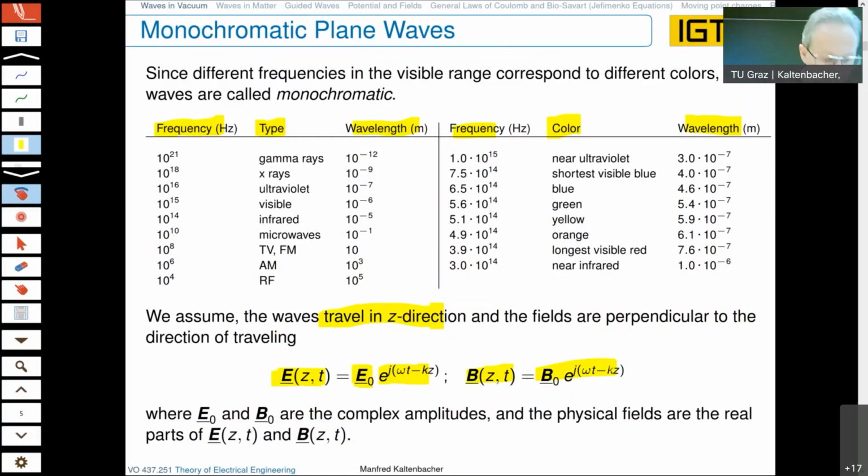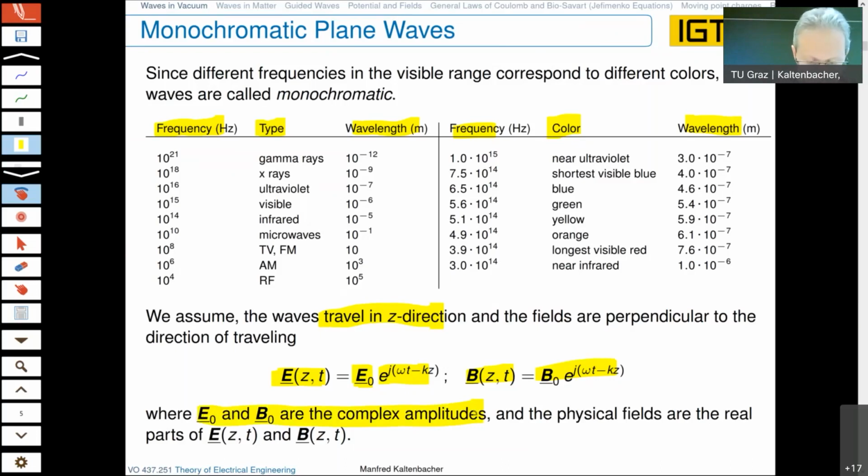Here we will start with the case that we have no losses, and it is a plane wave going in z direction. Explicitly again, they have complex amplitudes, so they have a peak value or root mean square value and a phase.